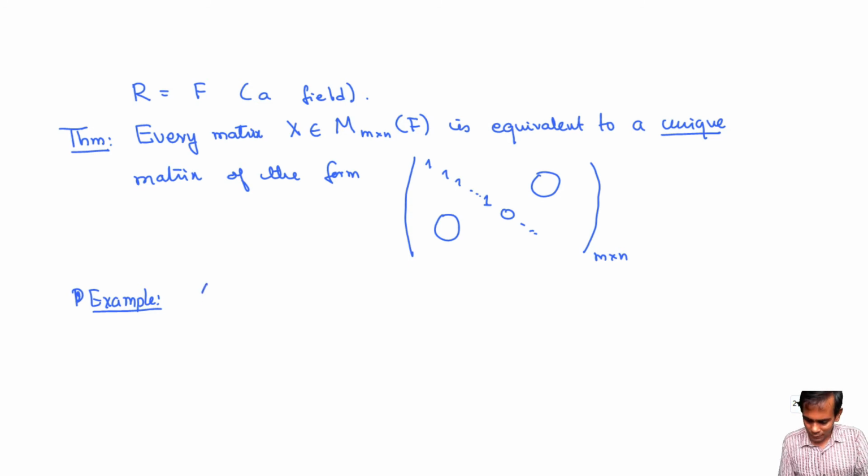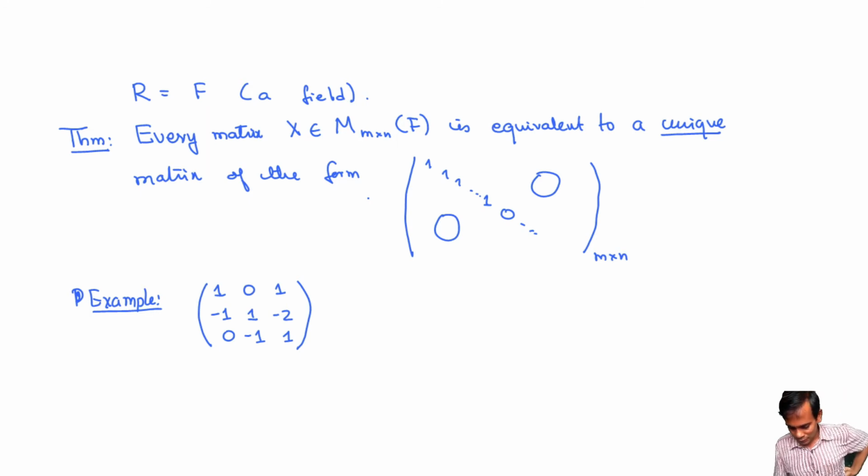So let's start with a matrix like this: 1, -1, 0; 0, 1, -1; 1, -2, 1. And let's try to figure out what its canonical form is. This thing is called a canonical form. There's a unique matrix of this kind in each equivalence class. So let's try to reduce this to a canonical form.